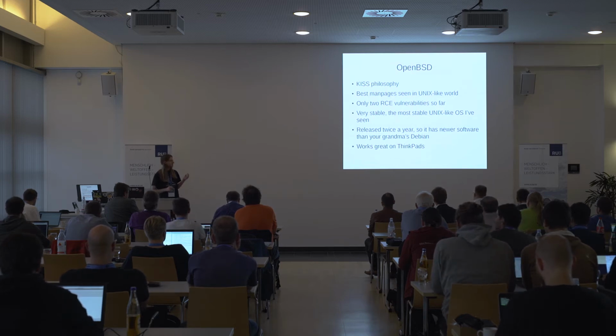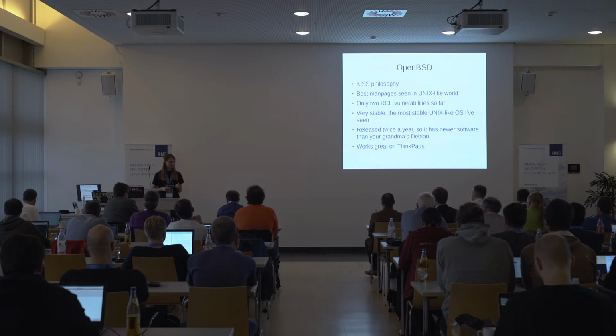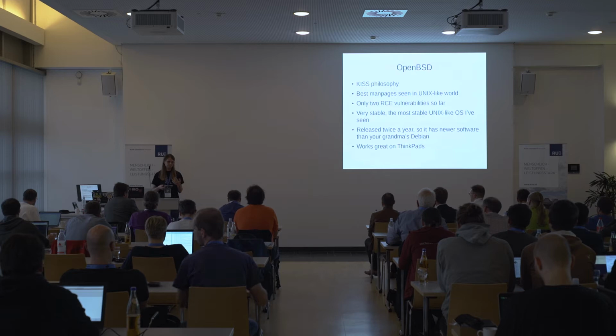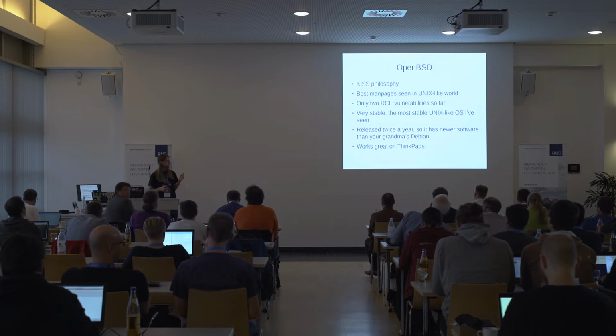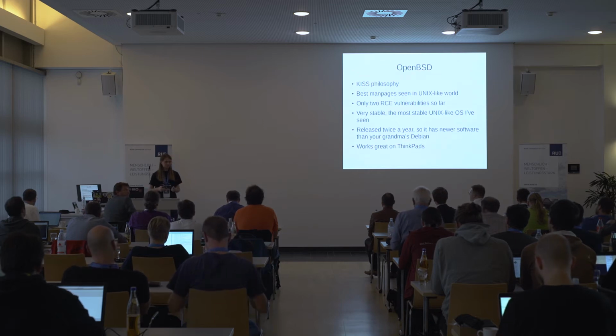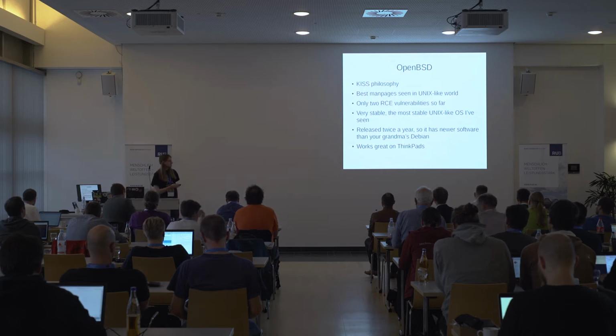In almost 20 years, the system had only 2 remote code execution vulnerabilities. There are also some others, like local DoS, kernel panics, etc. But for a system to have only 2 remote vulnerabilities, that's quite nice.